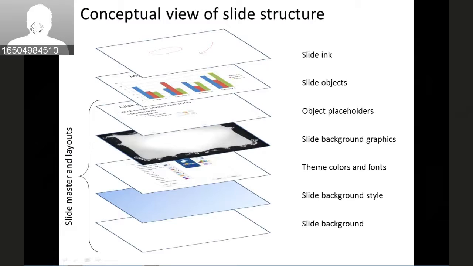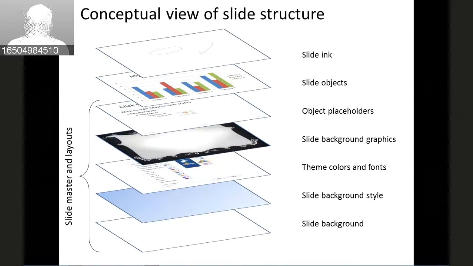There's a background style, like I could use a gradient color. There are theme colors. That's a whole subject in its own right throughout Microsoft Office. Then you have background graphics. And then you have these placeholders, like this slide is built on a placeholder that has a bunch of text boxes as placeholders. And then the slide itself has the actual objects occupying those placeholders. And then if you want to, you can have chart ink or slide ink on top of that.